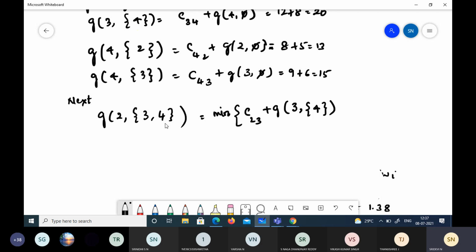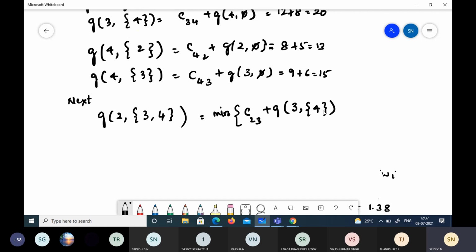If you leave this 3, you will be left out with 4. S includes 3, 4, and j is this, and when I say S minus j, this 3 will not be included.